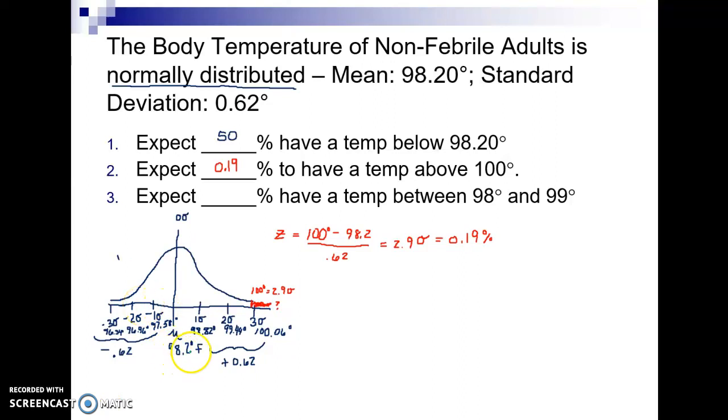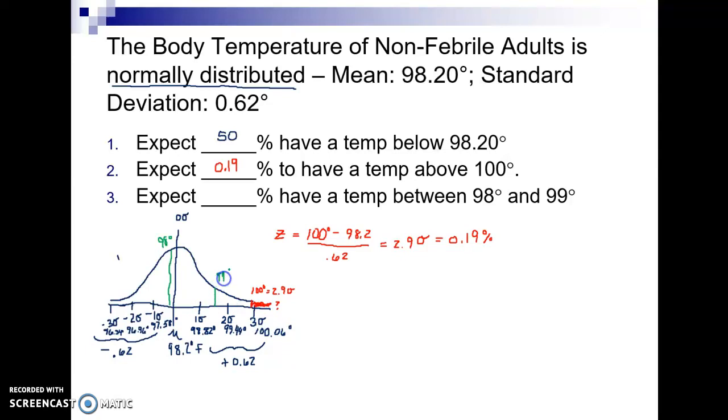Here's 98.2. So 98 would just be a little bit below the mean. So probably about here, 98 degrees. And 99 would be somewhere in between 1 and 2 standard deviations, maybe about here.